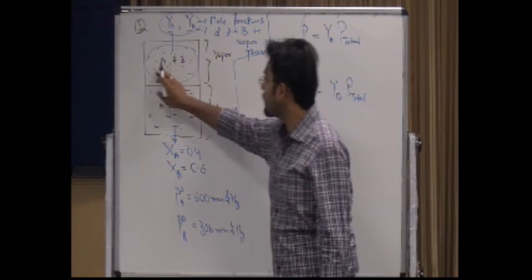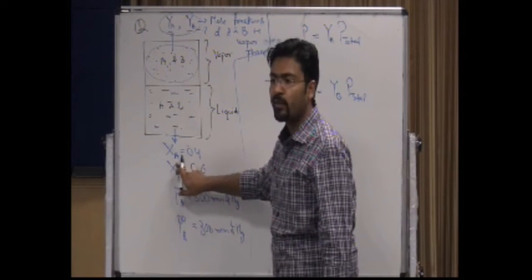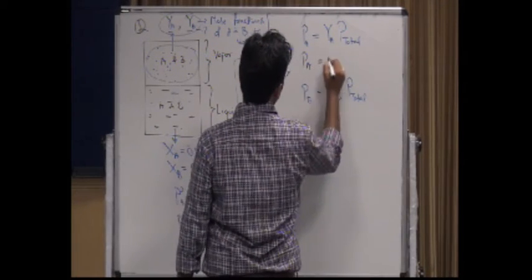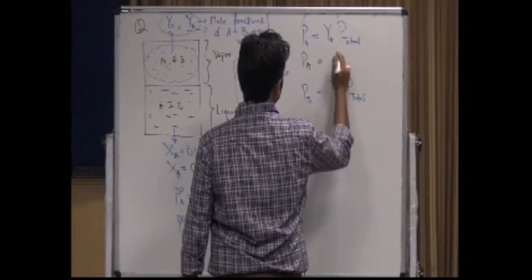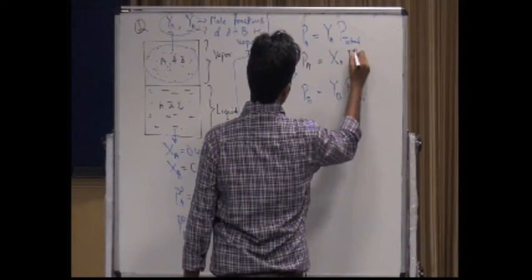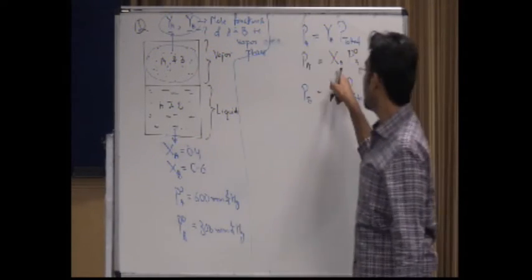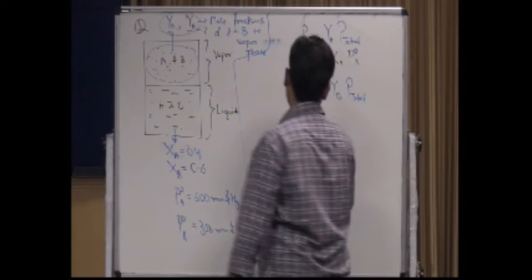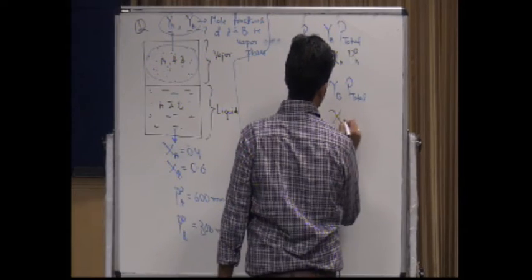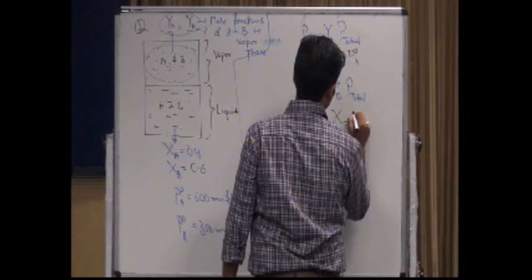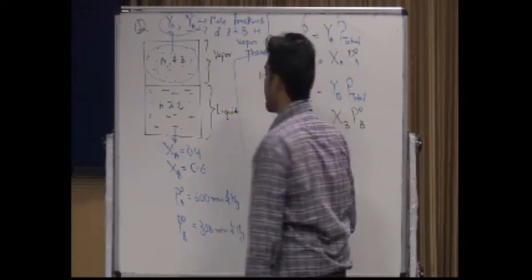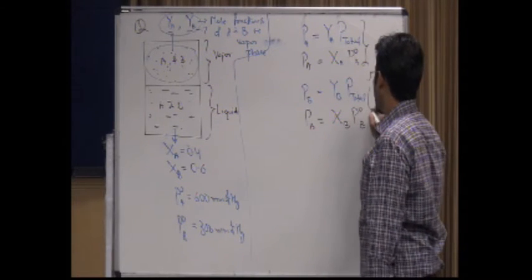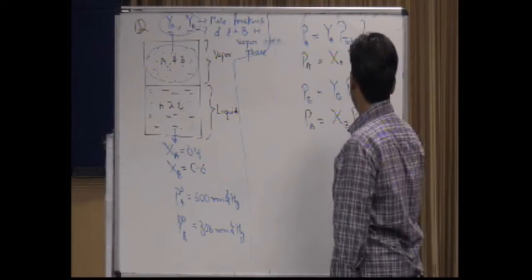Now I also know that the pressure of this A vapor is related to total pressure using Dalton's law. It's also related to the mole fraction of A in the liquid phase using Raoult's law. So PA is equal to the mole fraction of A into P naught A. This has come from Raoult's law, and this has come from Dalton's law. Now equate the two, and I'll get two equations.